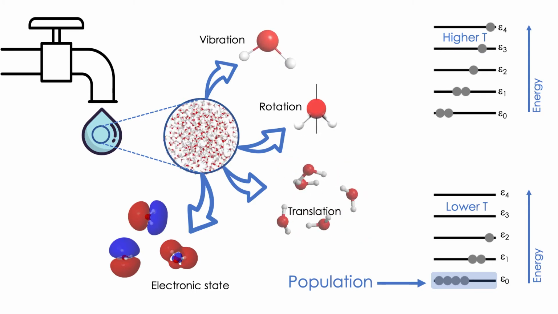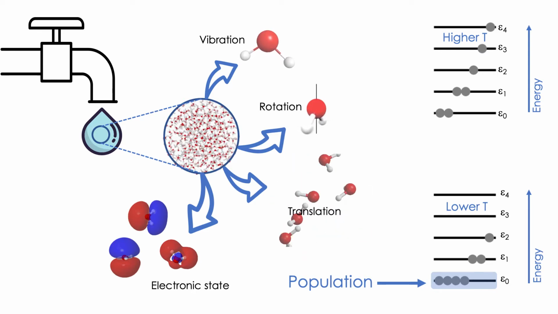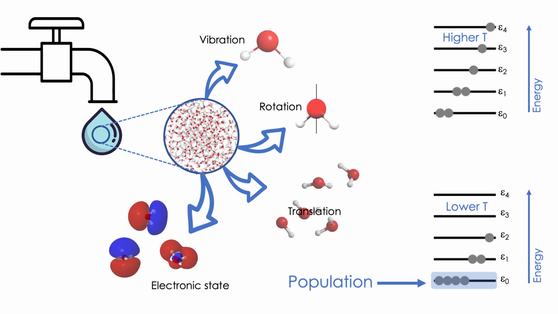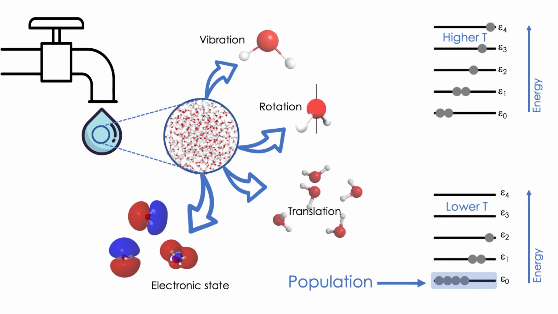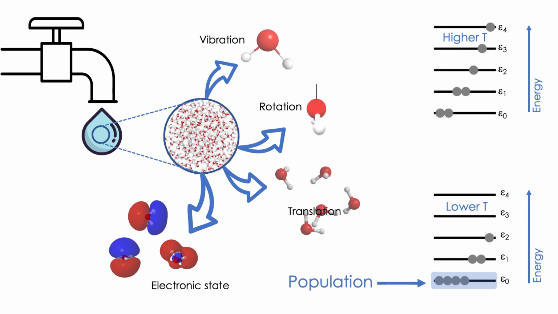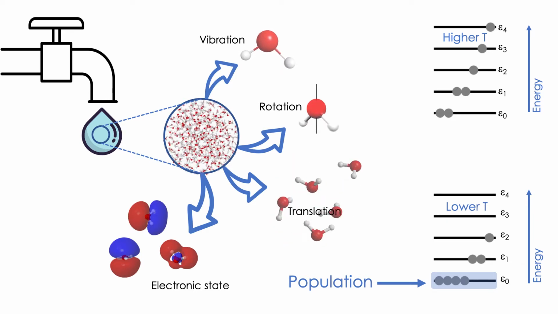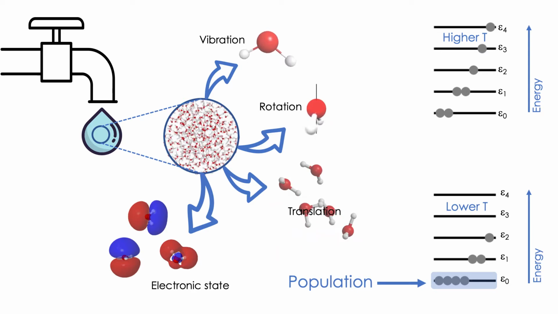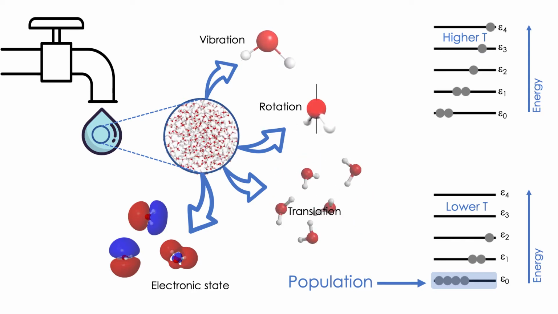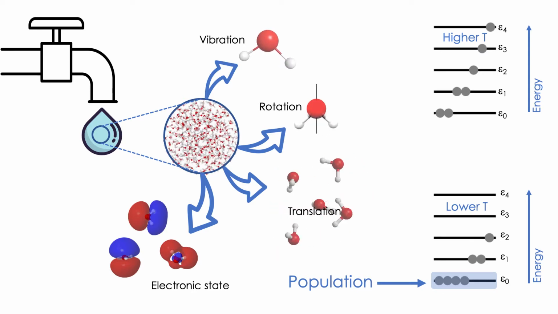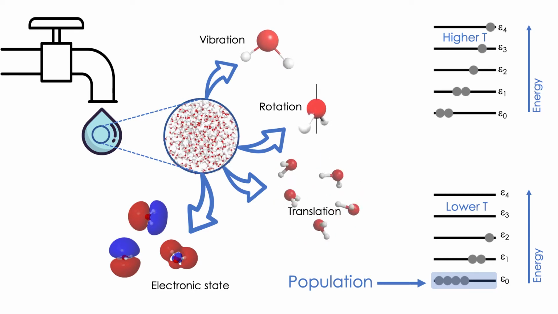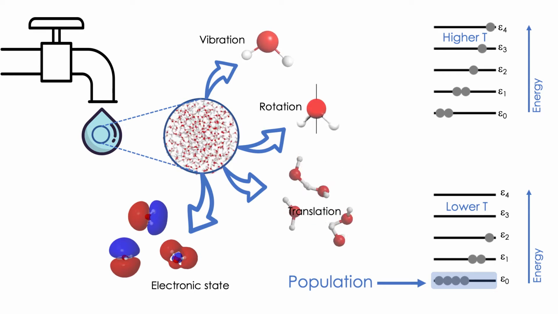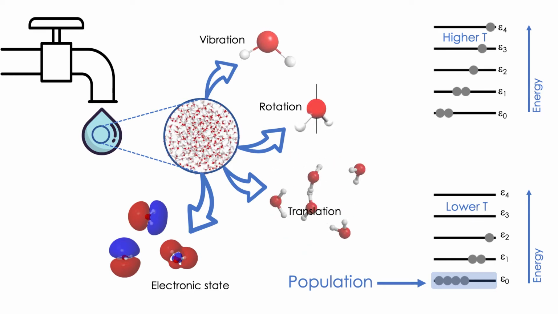As we increase the temperature, more molecules reach higher energy levels. There is more energy in the system because of the higher temperature, and they can reach higher levels. This is very important because, as you will see in many other areas, that's the reason why chemical reactions and many other chemical processes happen because of this phenomenon.